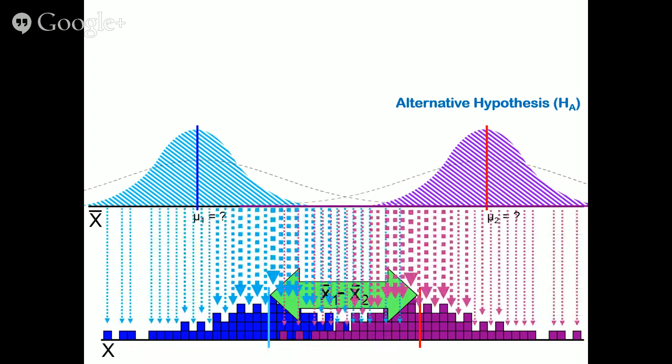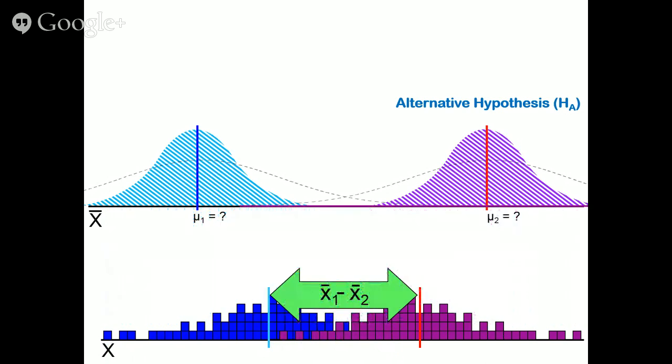So these two samples came from those populations, and those populations are different from each other. That's the alternative hypothesis.